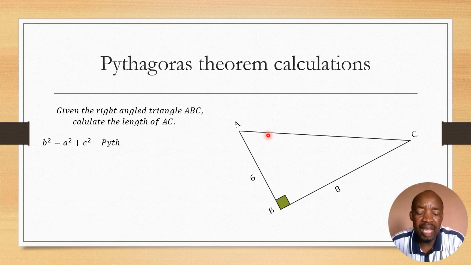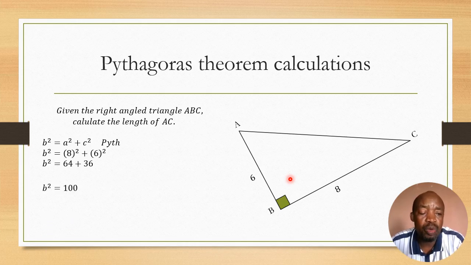Because it is a right-angled triangle, again, we apply the theorem of Pythagoras. b squared is equal to 8 squared plus 6 squared. I have substituted those two lengths there. Now simplifying, 8 squared is 64 and 6 squared is 36.